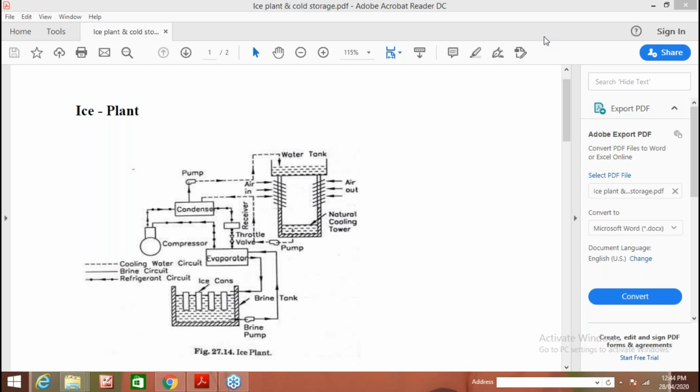If you understand the diagram, we get everything. Brine takes heat from water to convert it into ice, and brine loses its heat in the evaporator to the refrigerant. The refrigerant loses that heat in the condenser. Okay. Important things are that ammonia is used rather than F12.